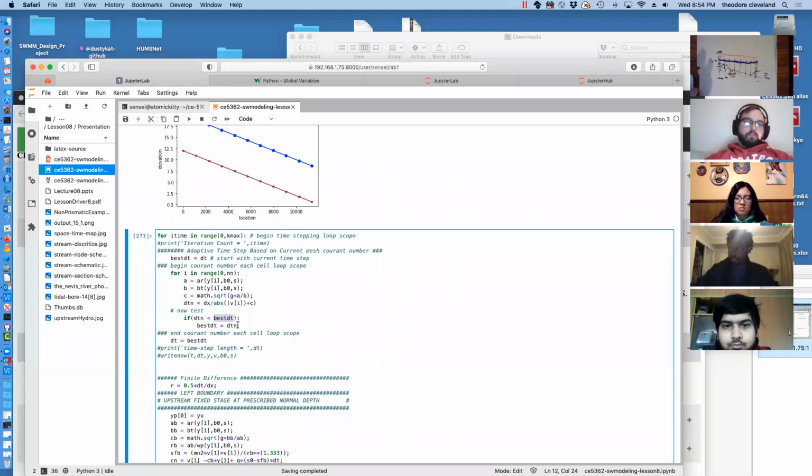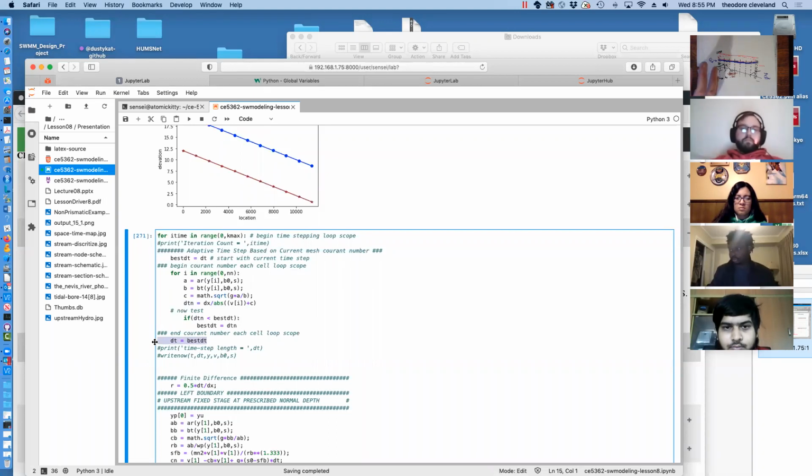If it is, we change that to the current best and continue. And then when we're done, we have a time step that's now based on the largest possible time that we can use throughout the system. And the largest possible time we can use is the time indicated by the cell that has the smallest Courant number.